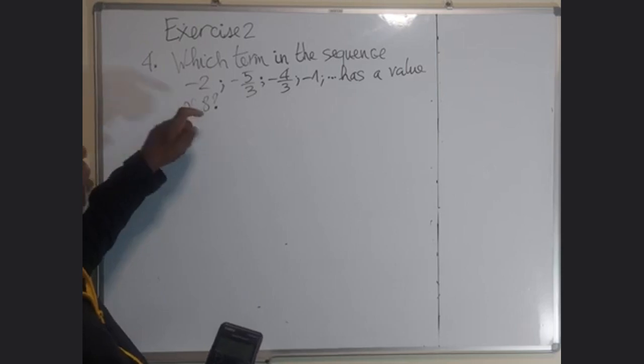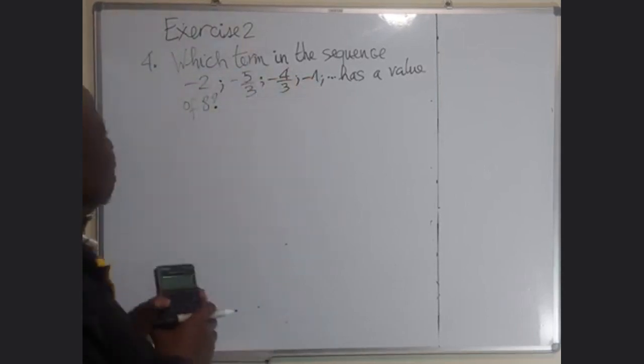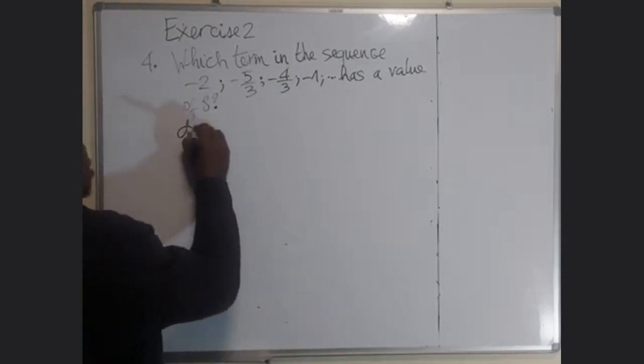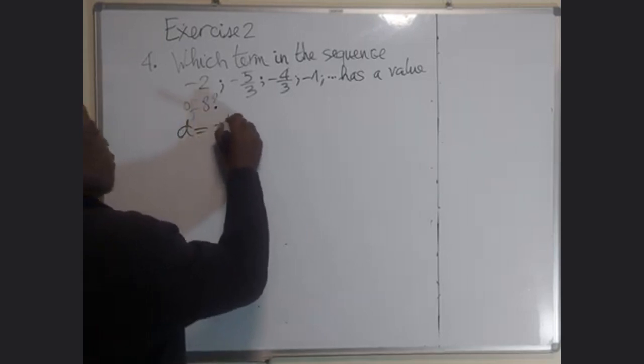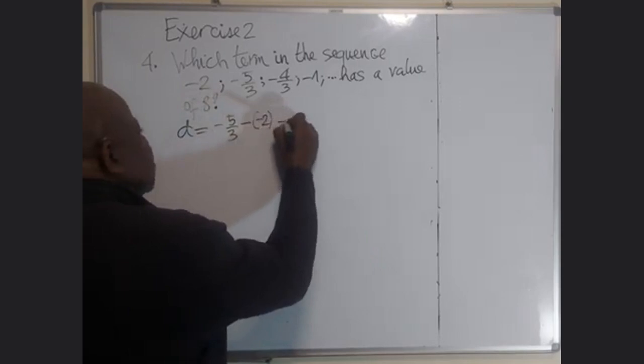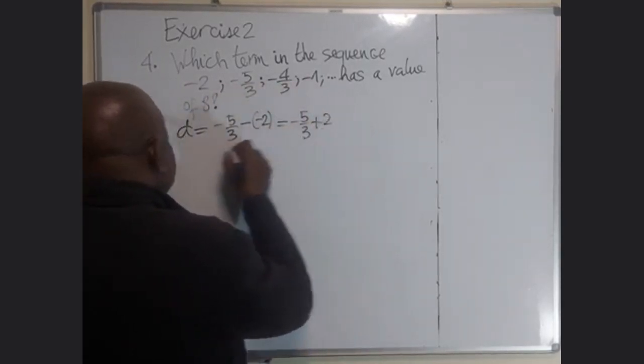We want to get the position of this term in our sequence. So the first thing we're doing is to get the common difference. D will be equal to negative 5 over 3 minus negative 2. This will be negative 5 over 3 plus 2.